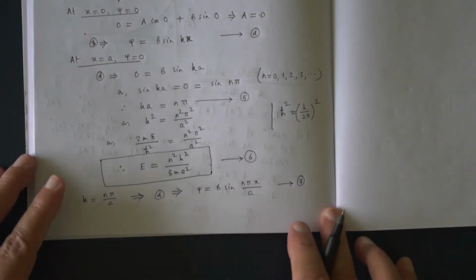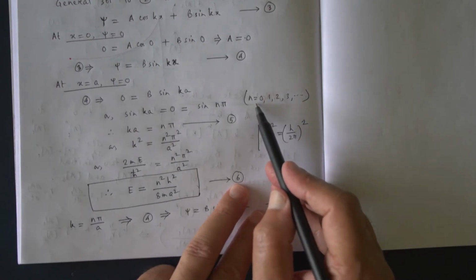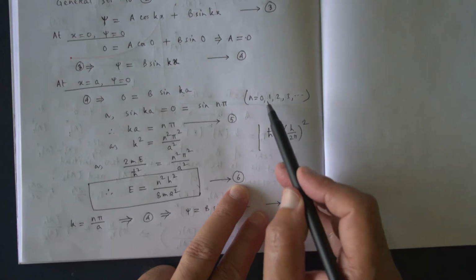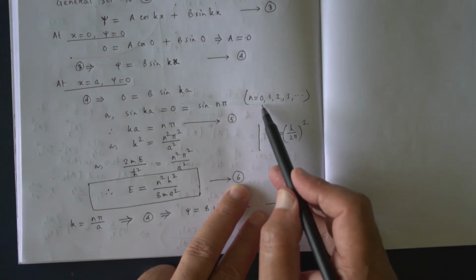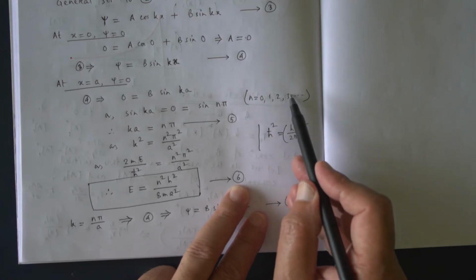Okay, so we have seen that the value of n may be 0, 1, 2, 3, etc. And why can n have only these values?